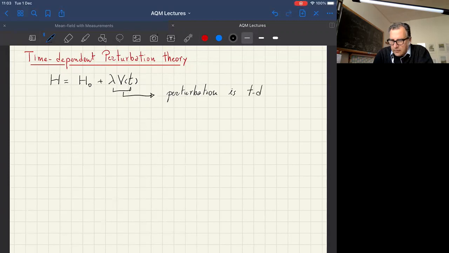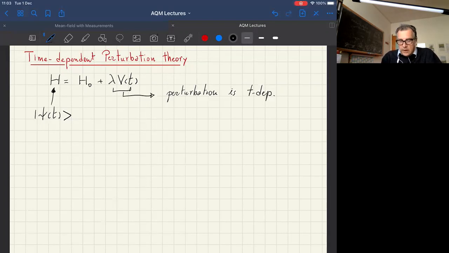So the goal is not anymore to determine the shift in the eigenstates or eigenvalues, but to find the evolution of psi of t, the dynamics of the system, meaning the dependence on time of psi of t induced by the Hamiltonian H.